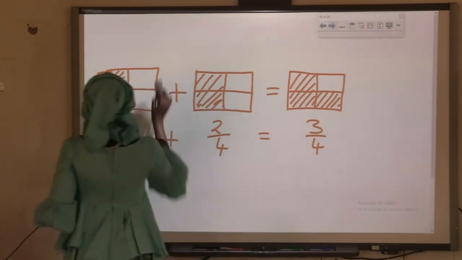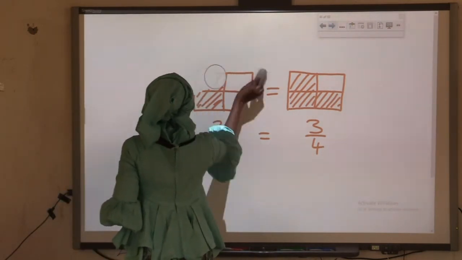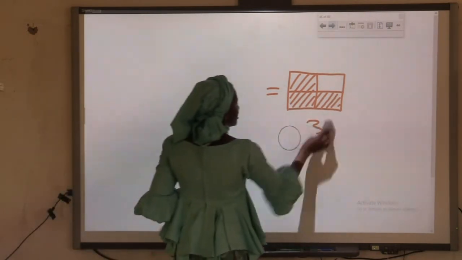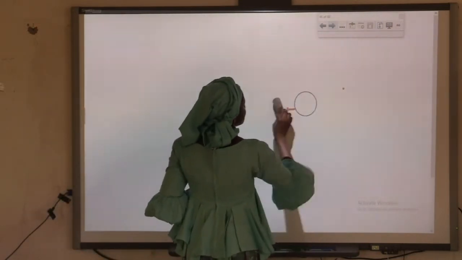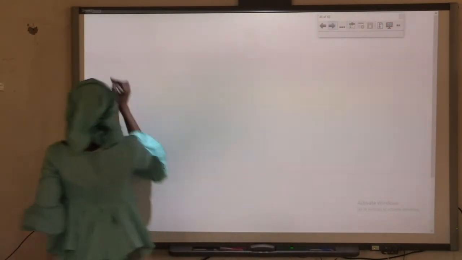The second one, that one is 6. That is a whole being divided into 6 equal parts.